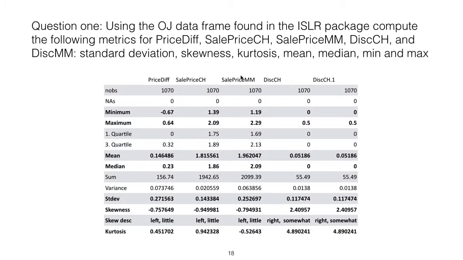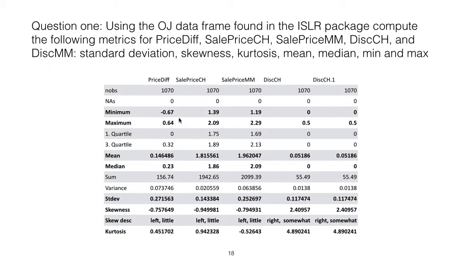Okay, so now I need to create a marketing statement, a true one, promoting the affordability of Minute Maid versus Citrus Hill. How do I do that when more than half the time, I guess, Citrus Hill is cheaper?